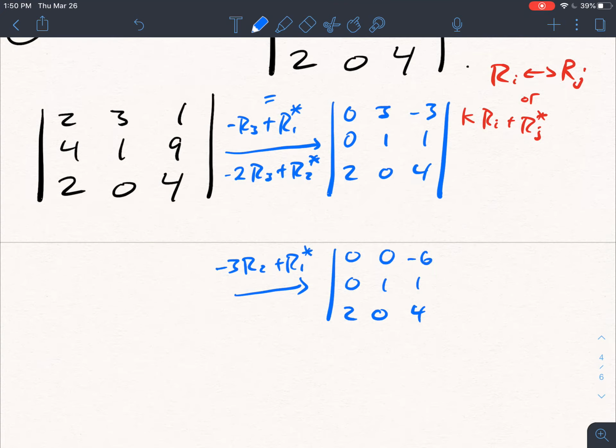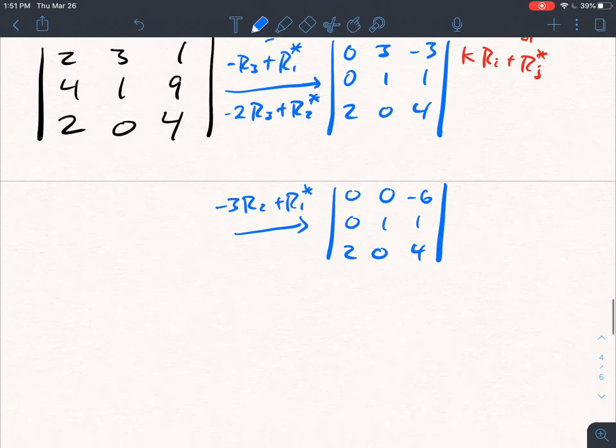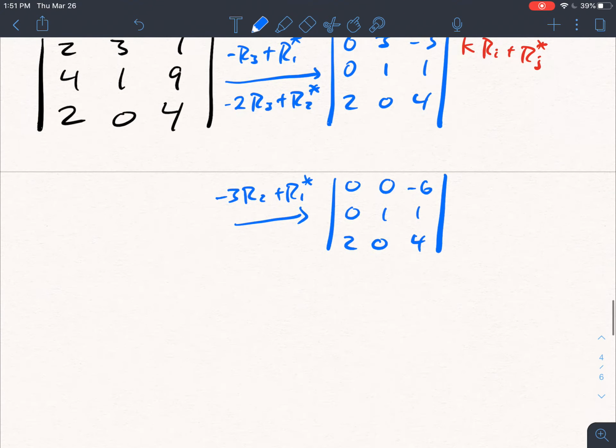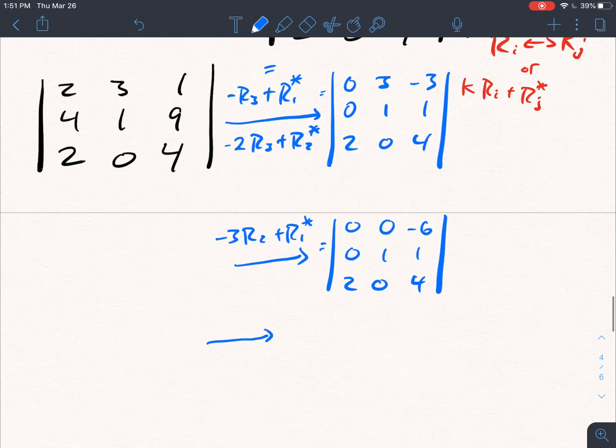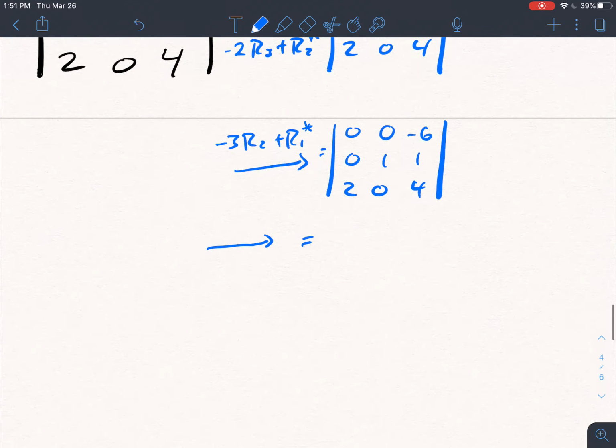And this should be a negative 6 because I'm adding negative 3 to that entry. Okay. And so this determinant is equal to that determinant is equal to that determinant.